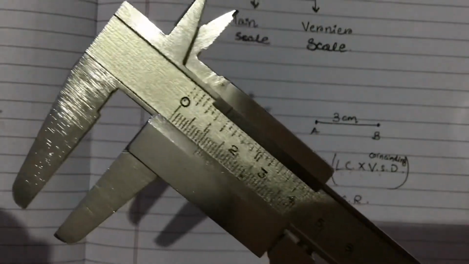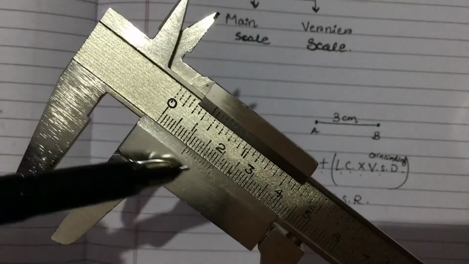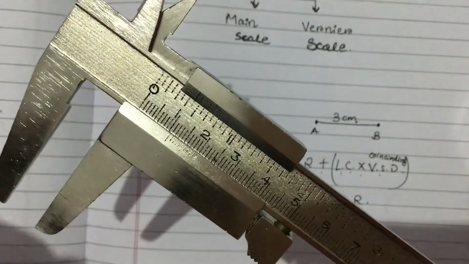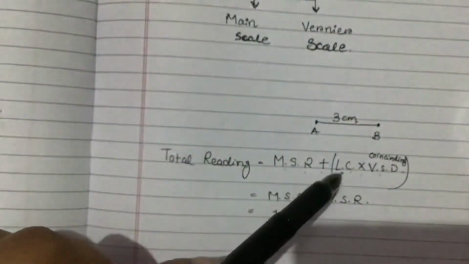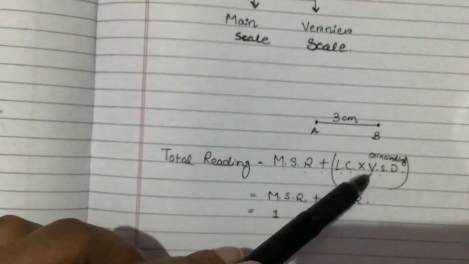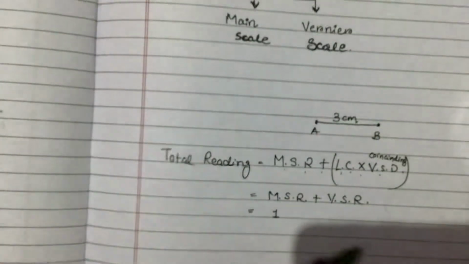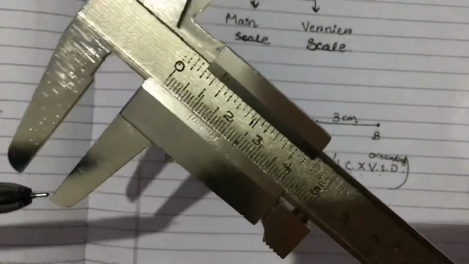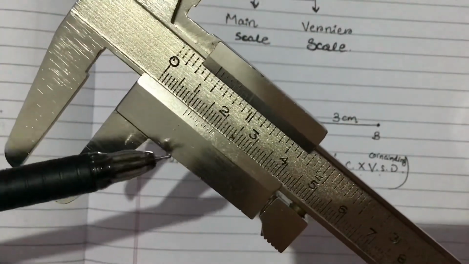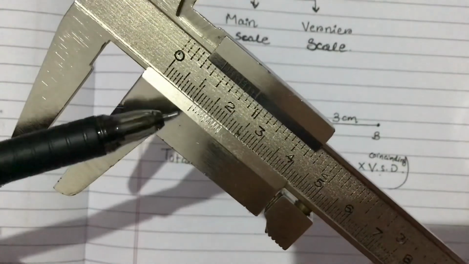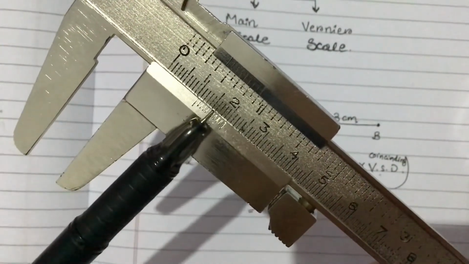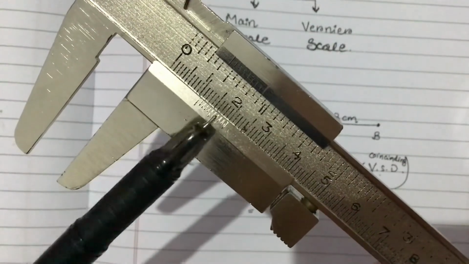Now if you talk about the Vernier scale division, how do we read the Vernier scale? When we said LC into coinciding VSD, what does it mean? Coinciding means, out of all the small divisions of the Vernier scale, which one is in exact alignment with the main scale division?